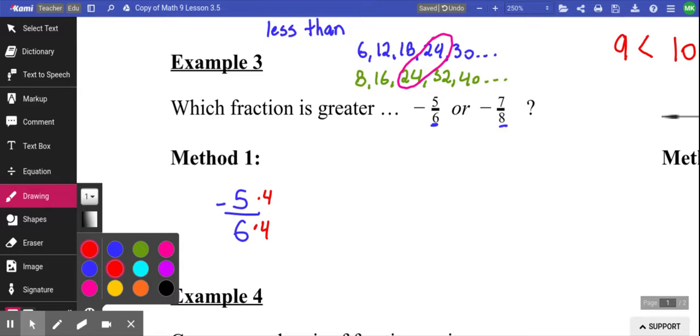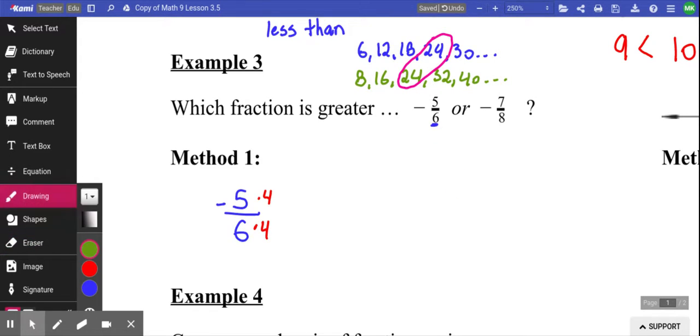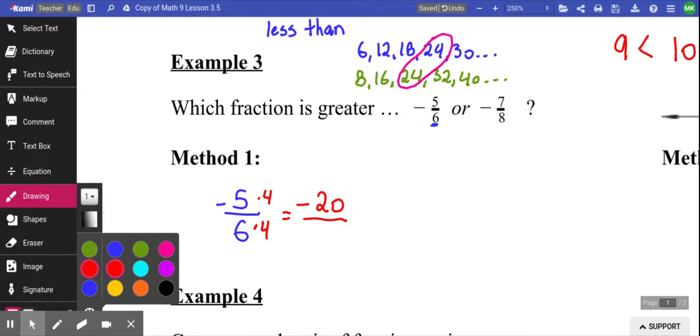That means this fraction is equivalent to negative 20 over 24. That looks messy. I'm going to write it like this. Negative 20 over 24. That's a little bit better, hey?